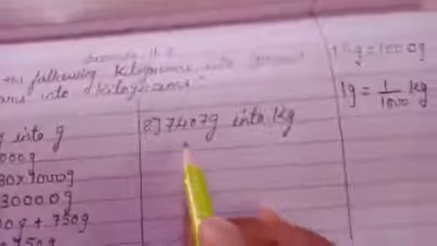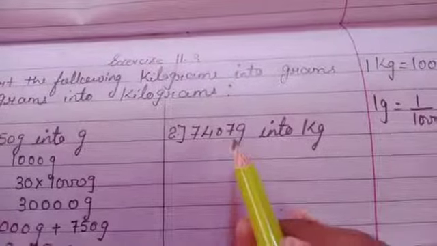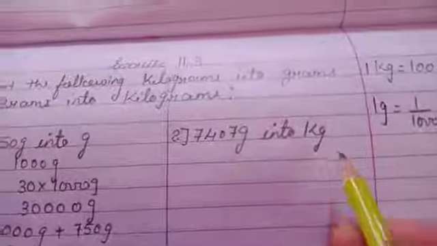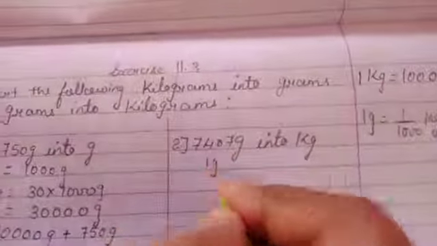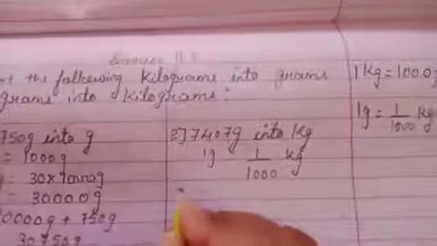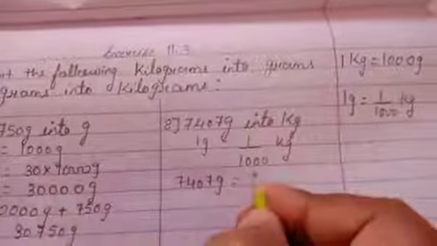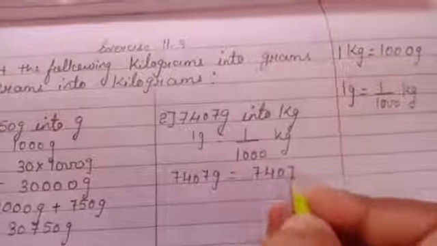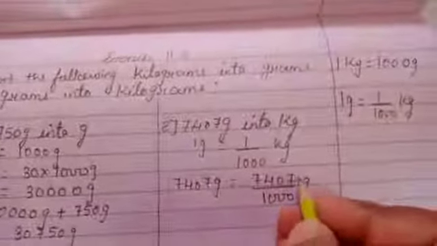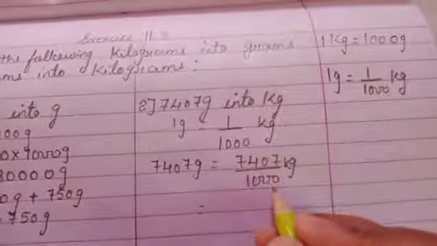Now number 2, 7,407 gram into kilogram. We have to change this gram into kilogram. So 1 gram equals 1 upon 1000 kilogram. So 7,407 gram equals 7,407 upon 1000 kilogram.